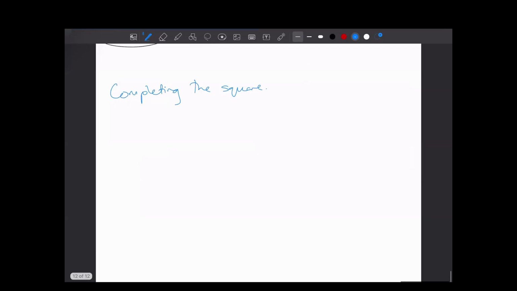If you were told to do completing the square on something like this, how would you do it?